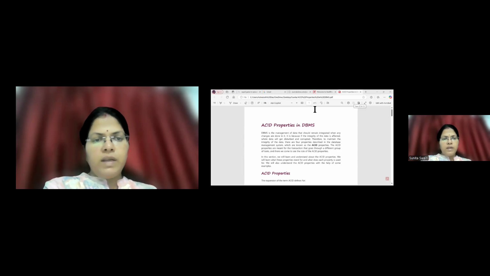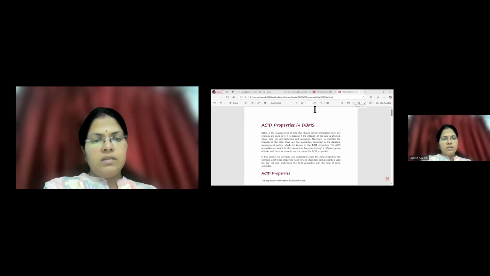Therefore, to maintain the integrity of the data, there are 4 properties described in the database management system, known as the ACID properties. The ACID properties are meant for a transaction that goes through a different group of tasks. And there we come to see the role of the ACID properties.